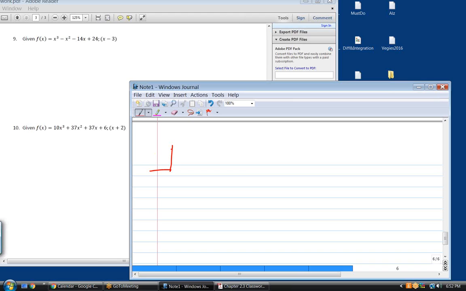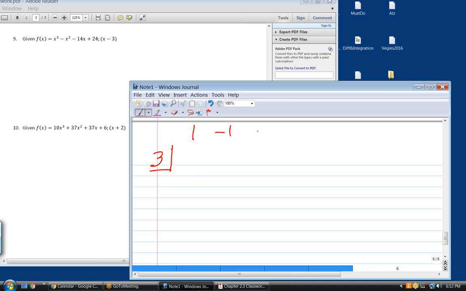3. What goes across the top? 1. Wait, 1, 0. Huh? Not 0. There's an x. What would be next? There is an x squared term. What's its coefficient? Oh, it's 1.